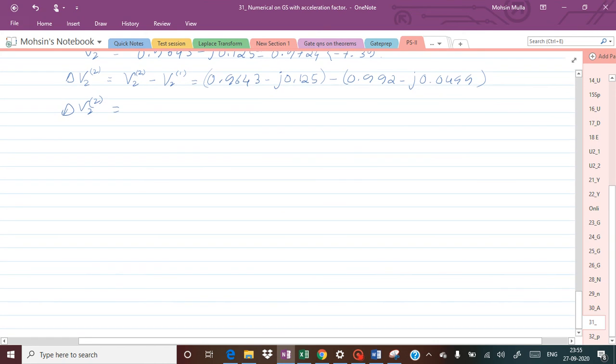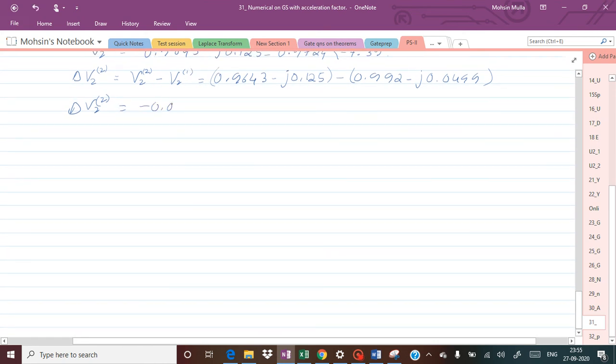Simplifying this, we are going to get minus 0.0277 minus j0.0751.